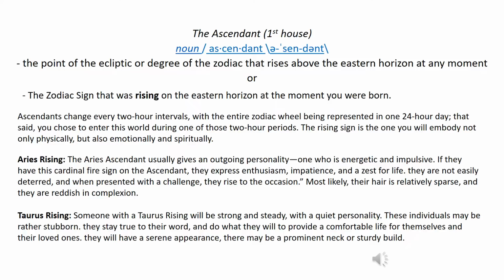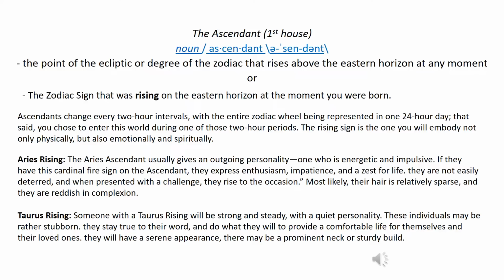So the time of day in the 24-hour day is what's important for the ascendant. Every 2 hours, the ascendant changes. It's the quickest changing thing in a chart. The moon takes 2.5 days to change, but the whole wheel itself changes every 2 hours.